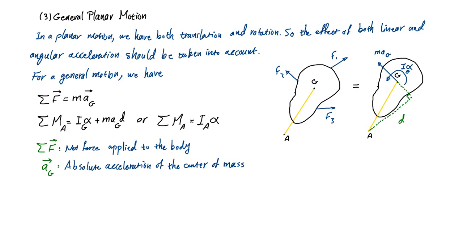Then we have net moment, the summation of all the moments. I'll define that as net moment about A. About point A in 2 dimensions, or it's better to say axis A, technically. It is an axis.